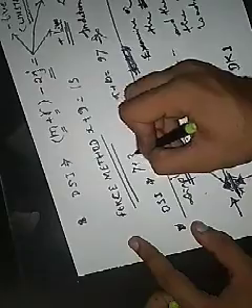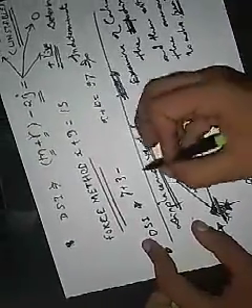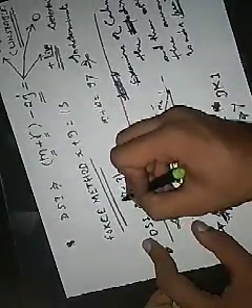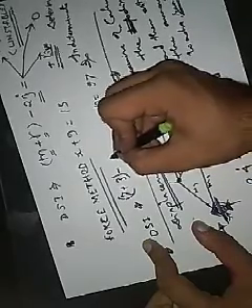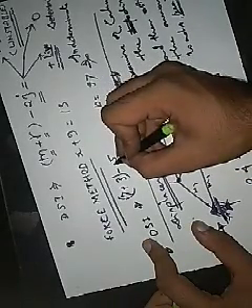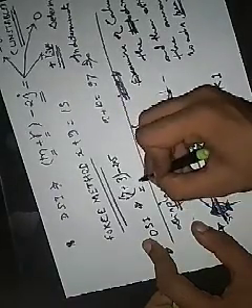plus support reactions 3, minus we have 5 joints which is multiplied by 2, and this gives us a value of 0. 7 plus 3 is 10, minus 2 multiplied by 5 equals 10, and DSI is 0.